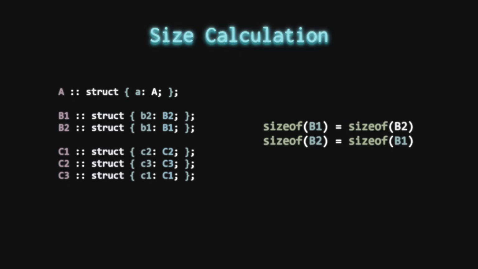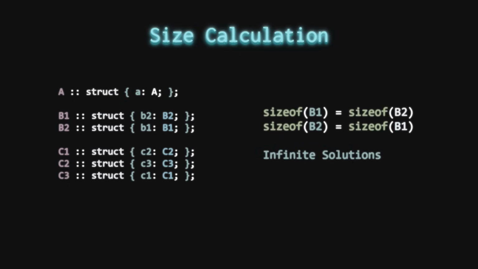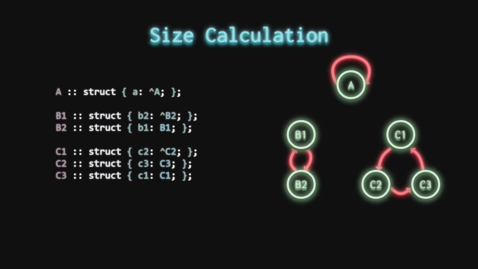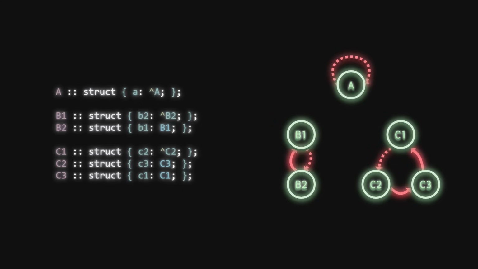However, in the case of cycles, this size becomes either 0 if there's no additional member in there, or infinite. Getting around this is quite commonly done with a pointer, which makes the size be a constant 4 or 8 bytes. This is the reason why I said if something actually holds a pointer to a certain type, the underlying type doesn't become a dependency. It's not really required to resolve the size.